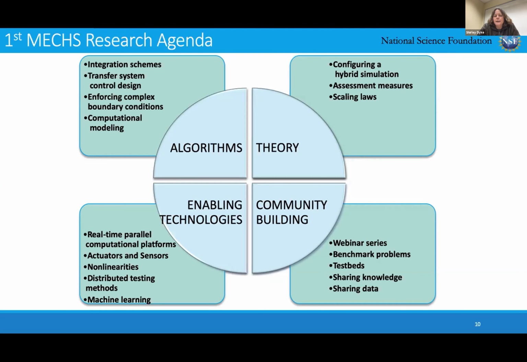The enabling technologies, the actuators, the sensors, the understanding of those, the nonlinearities that we can either impose or that are inherent in our structures. And how does one theoretically need to think about these systems in order to configure a test to achieve your goals?